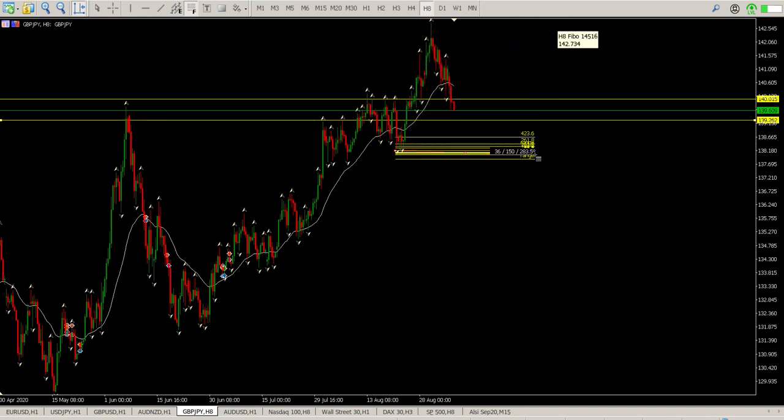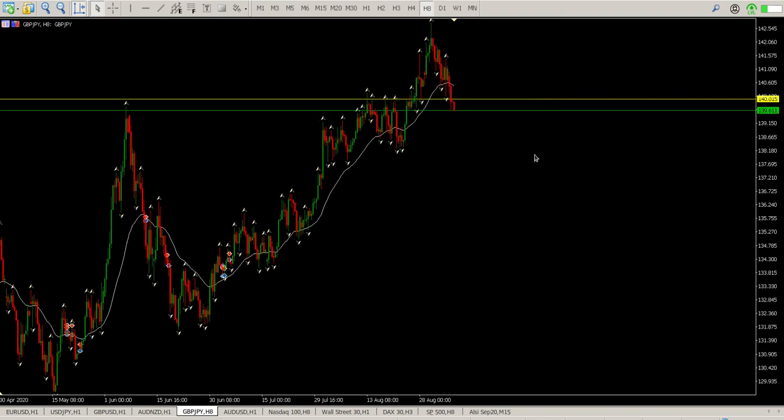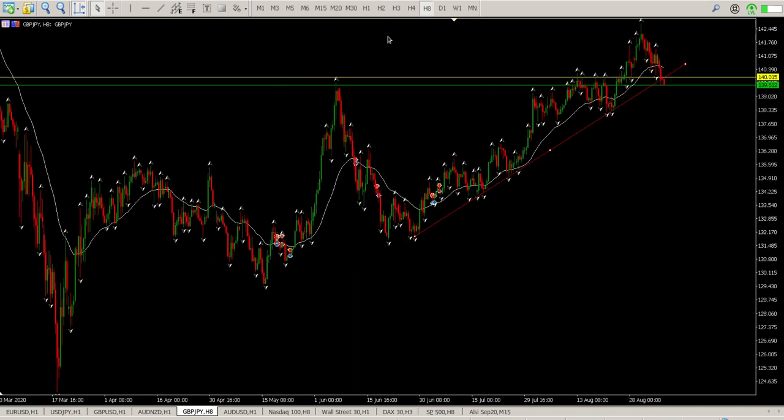Now we're breaking through the Fibonacci as well. And I think the trend line here, which should be pretty strong intact, is also breaking. So I think this thing for me could potentially be a reversal.